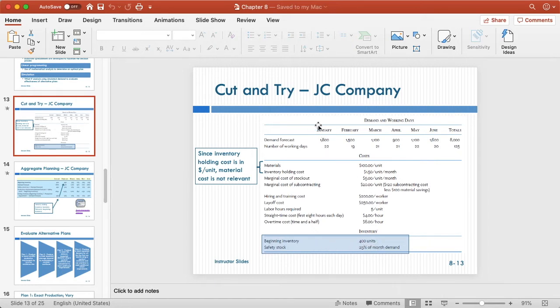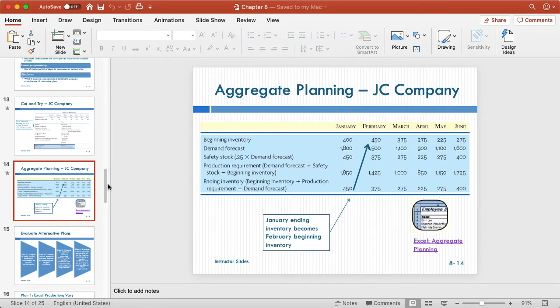Then we can calculate the ending inventory within January. The ending inventory for January is equivalent to the beginning inventory for February, and the ending inventory for February is equivalent to the beginning inventory for March, which is the same pattern for the following months.